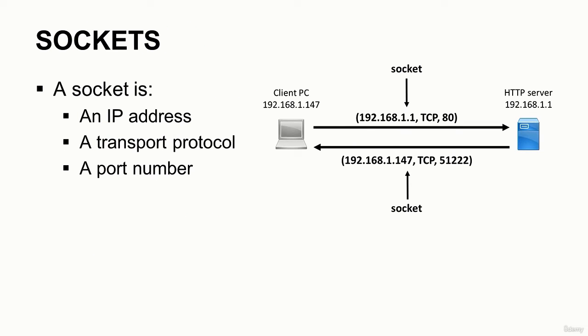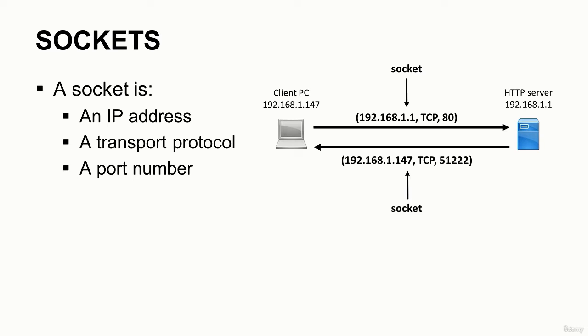The second concept we need to discuss is something known as a socket. A socket is comprised of three things: an IP address, a transport protocol, and a port number. Each application communicating on the network has a socket connection open to the application on the remote host that it's communicating with.